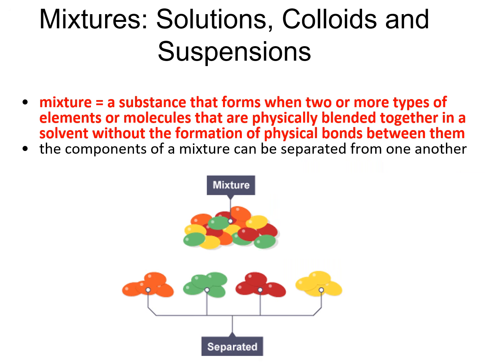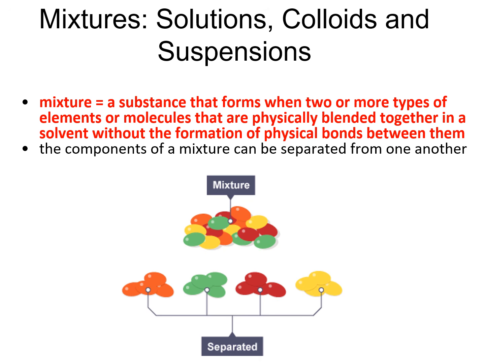A mixture is defined as a substance that forms when two or more types of elements or molecules are physically blended together in a solvent without the formation of physical bonds between them. In other words, the components of a mixture can be separated from one another. So here we have a mixture of different colored jelly beans.